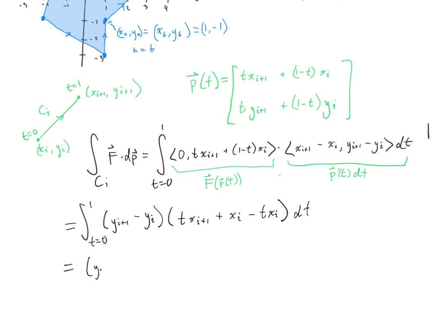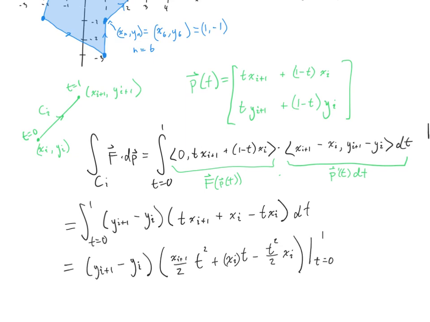You're going to get yi plus 1 minus yi times t xi plus 1 over 2 t squared, plus xi times t, minus t squared over 2 xi, as t goes from 0 to 1.